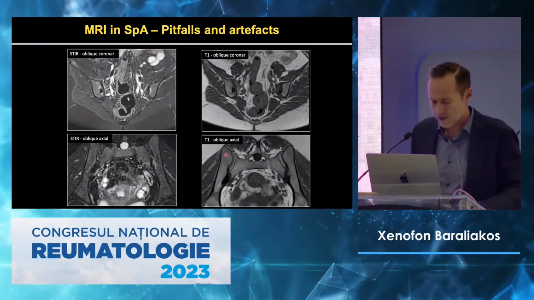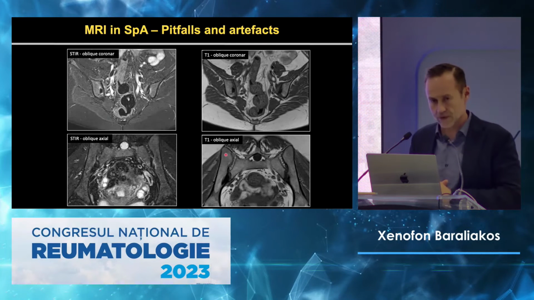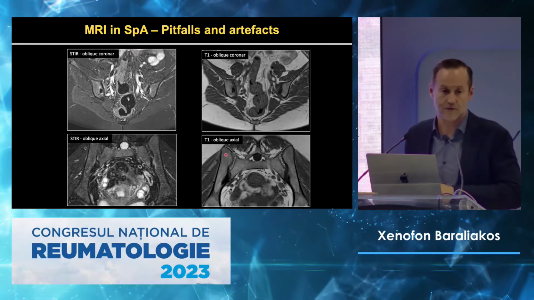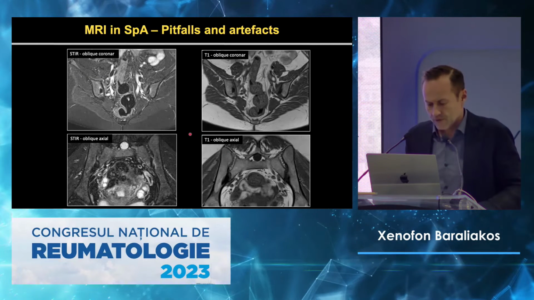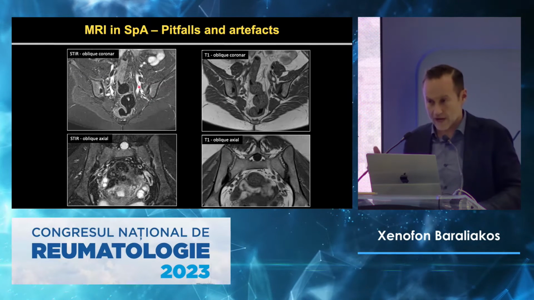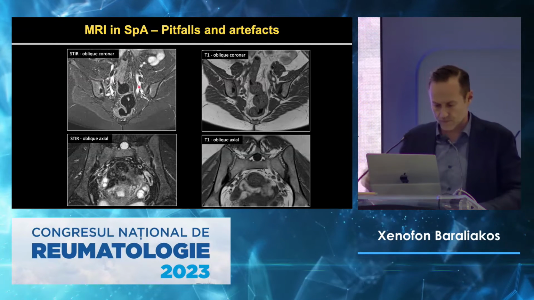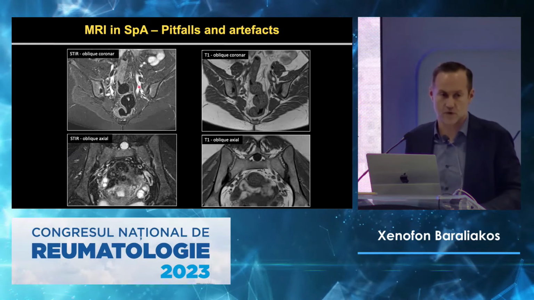which is a problem because then this might be misinterpreted as spondyloarthritis if you don't put it in a context of symptoms. So how would you then differentiate the spondyloarthritis-related bone marrow edema from the false positive? Here are two examples. First of all, you look at where you are. If you're in the very front of the joint and in the lower part, this is not counting as positive for spondyloarthritis.